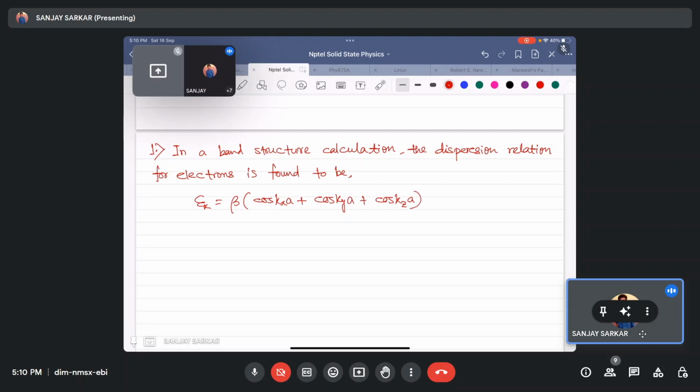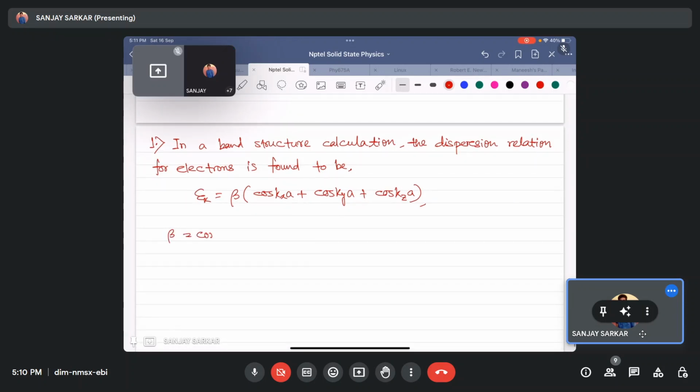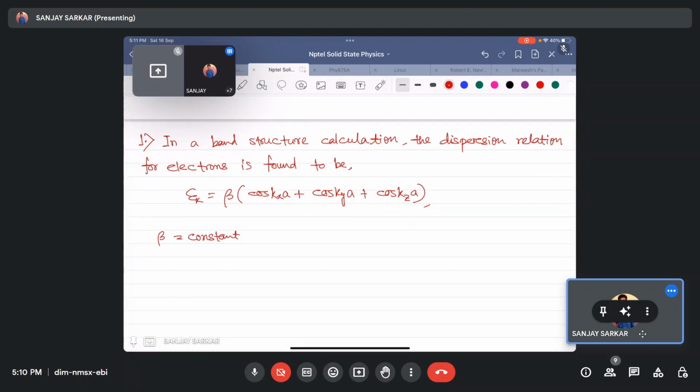So this is the dispersion relation of the electron. Here beta is a constant, and a is the lattice constant.